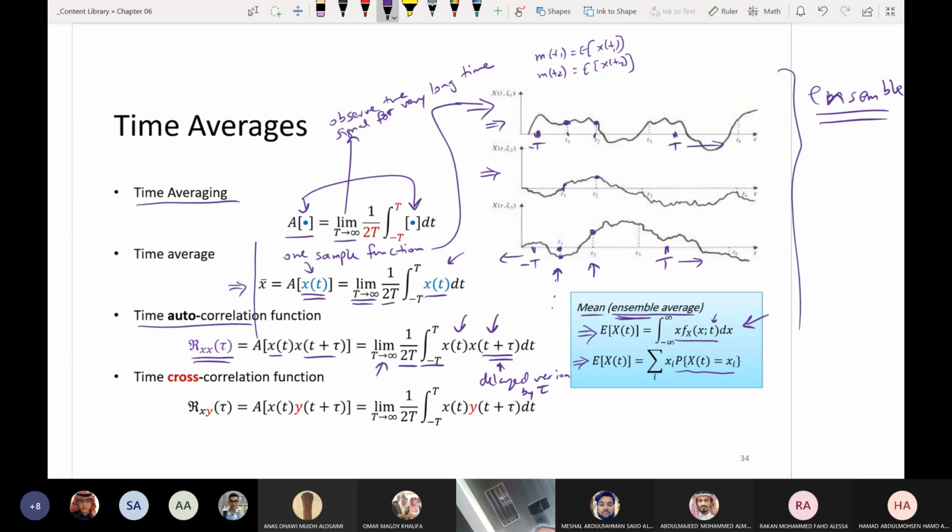A is the same operator that we defined above. Similarly, I can do the time cross-correlation function. I look at the signal and another signal's delayed version of it, and I observe it from minus T to T, multiply by 1 over 2T, and then observe it for a long time.